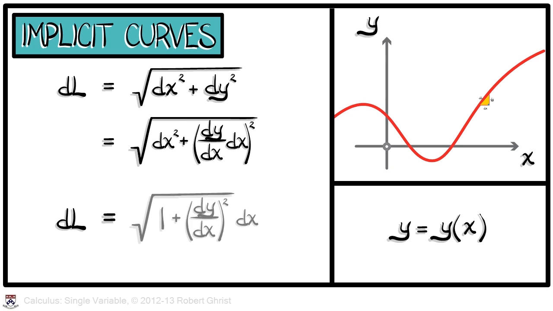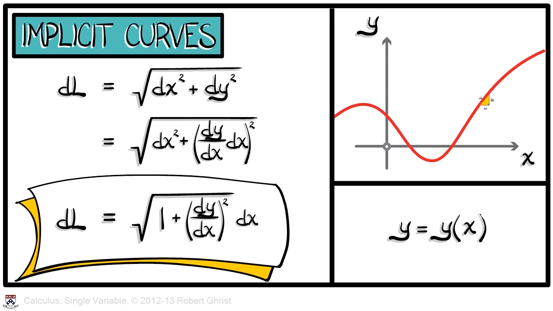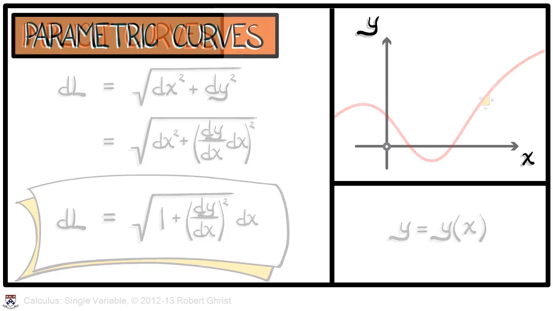When we square that and follow through with the algebra, we can factor out a dx squared from under that square root sign. Of course, the square root of dx squared is dx, and we're left with dl is the square root of 1 plus (dy/dx) squared times dx. That simple manipulation of differentials actually works.